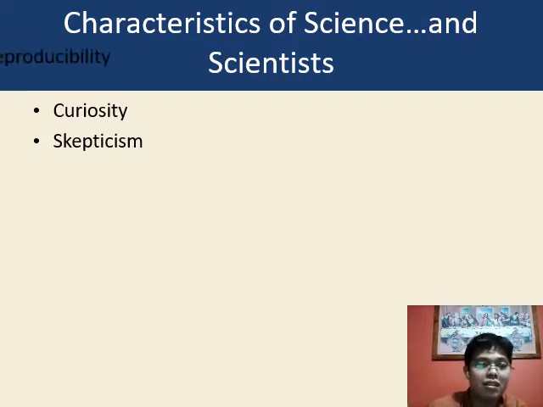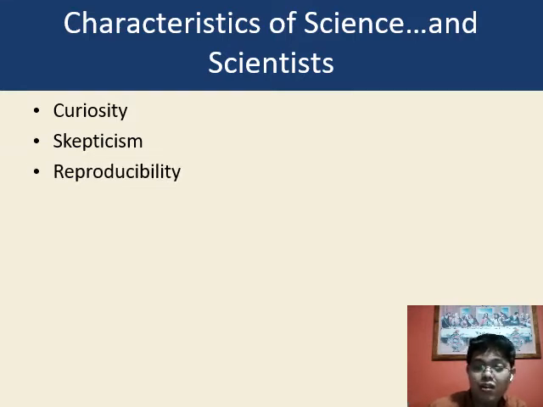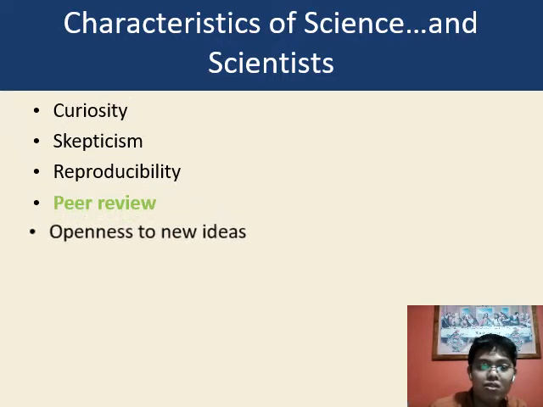And third, any science or science research must be easily reproduced, and they should also be peer reviewed by colleagues in that field, and also they are open to new ideas.